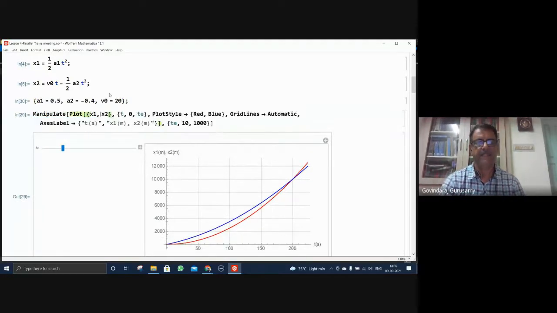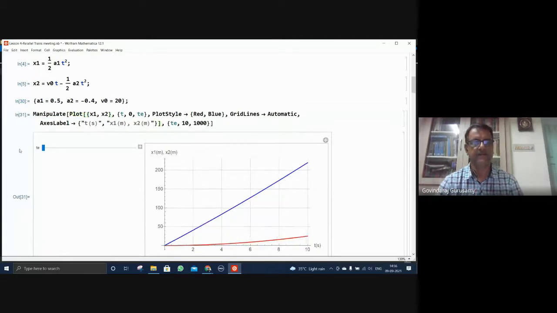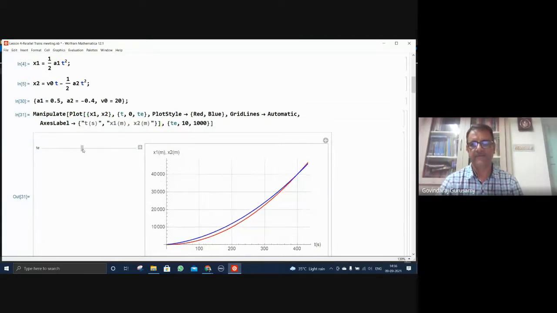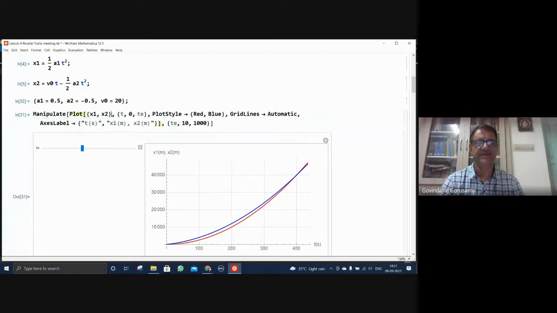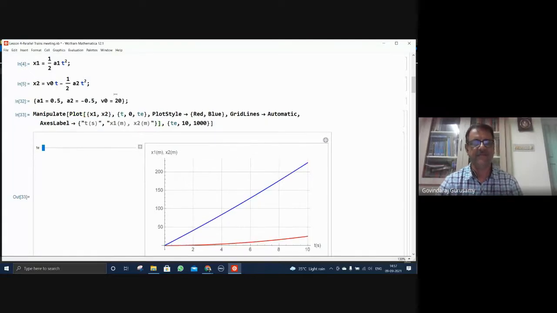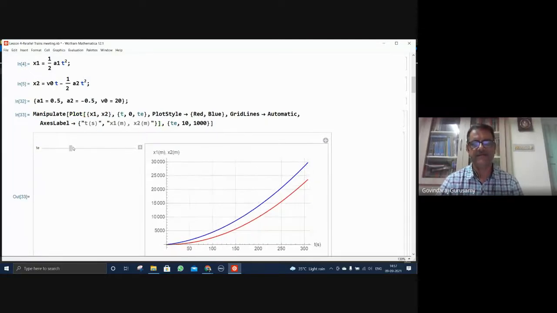Enter here. They're going to meet now. Yeah, they're almost close to each other. They are parallel now. When they come back, what will happen now? This is the important point which I wanted to bring to your attention. What happened now?